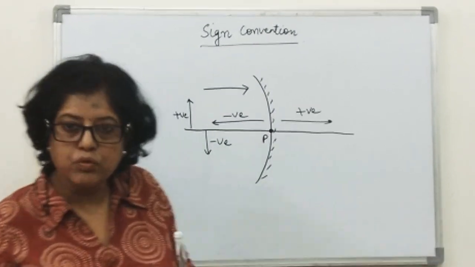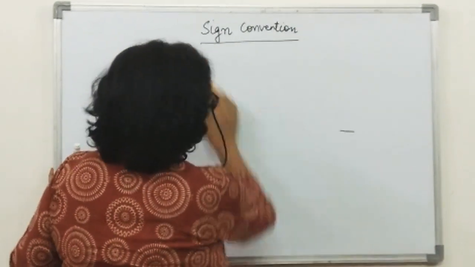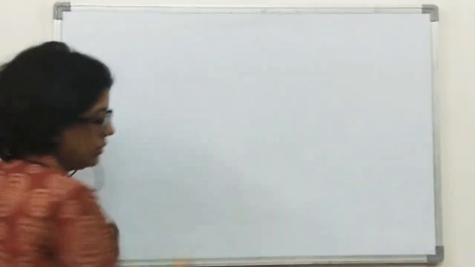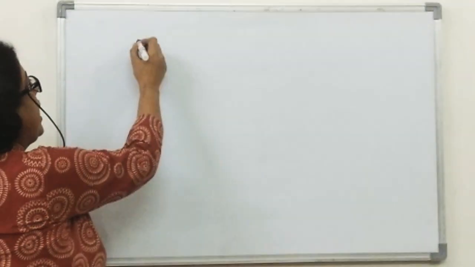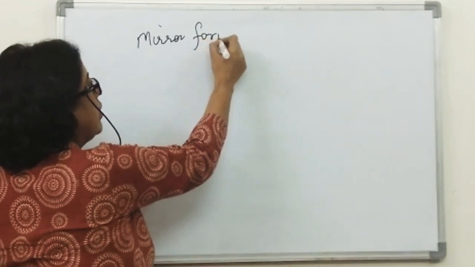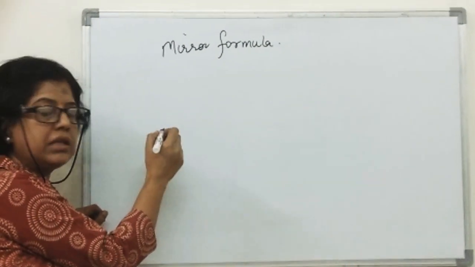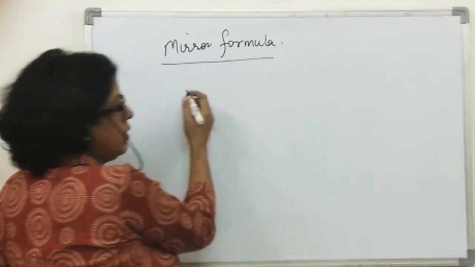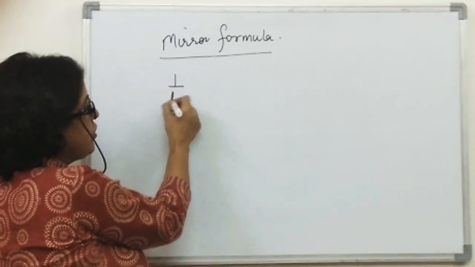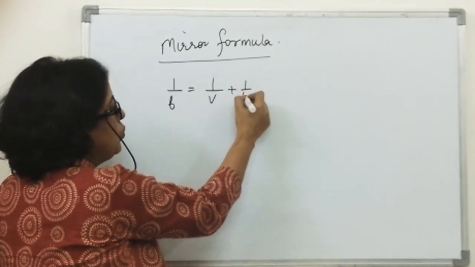Now let's move on to the mirror formula. The mirror formula is a formula which relates three physical quantities. Let me write it: 1 by f is 1 by v plus 1 by u.